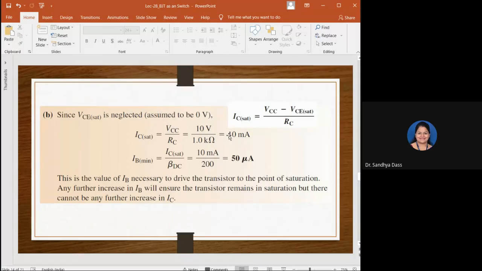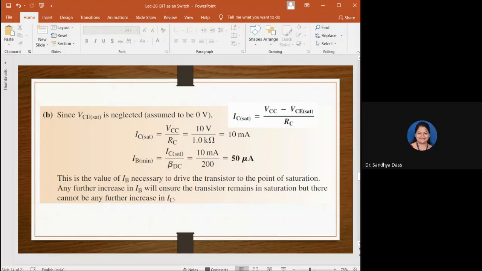Current should always be expressed in milli or micro, so you have to convert it. IC SAT is 10 milliamps. In the question it is clearly given: neglect VCE SAT. We know IC SAT is equal to VCC minus VCE SAT by RC. Neglecting VCE SAT, we have VCC by RC, which is 10 milliamps.